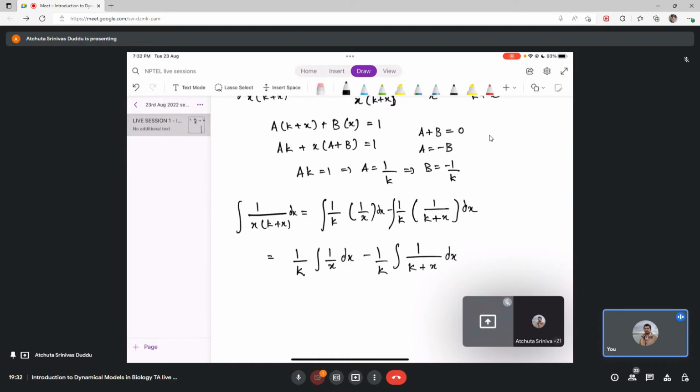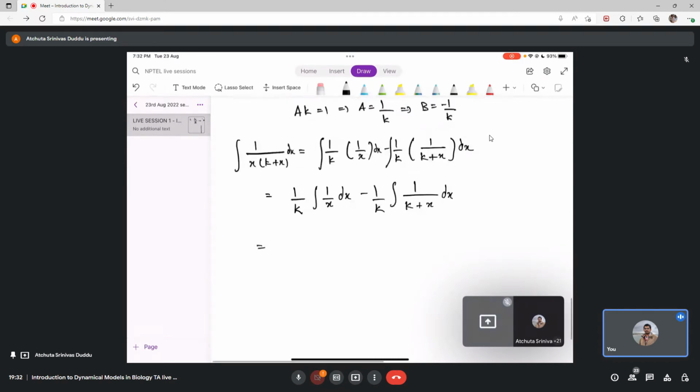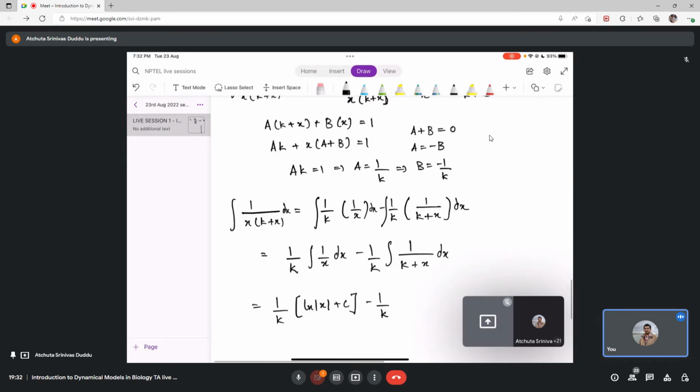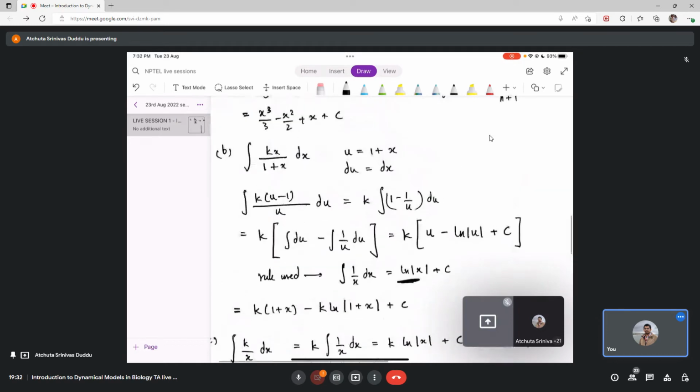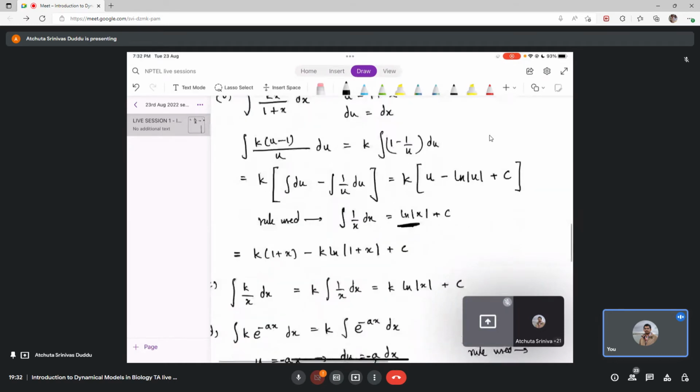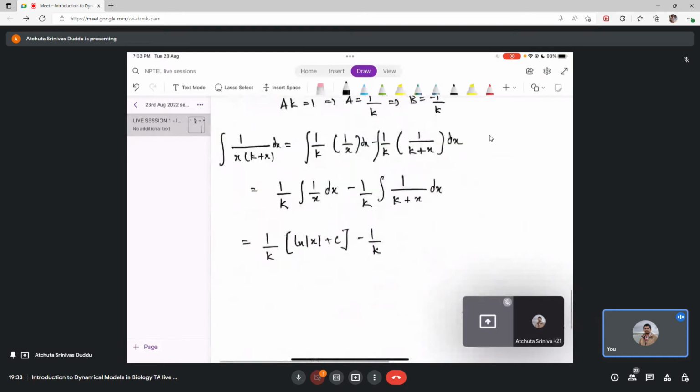For the first one, it's straightforward. We have 1 by k times ln mod x plus a constant, minus 1 by k times. For this, again, we substitute, similar to the substitution we had seen here, u equal to 1 plus x. Here it's the same substitution, just that instead of 1 it's k, another constant.